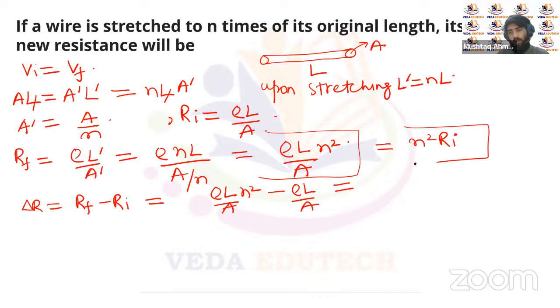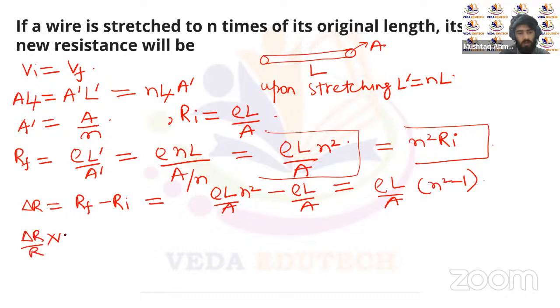For delta R, it will be rho L upon A multiplied by n square minus 1, so the percentage increase will be delta R upon R multiplied by 100, right?